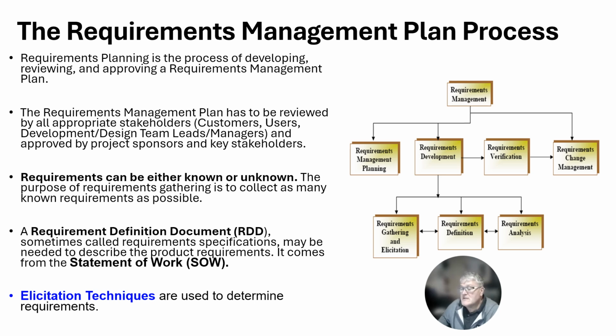You're going to be considering what type of information gathering techniques you're going to use, whatever type of elicitation technique needs to be done. And then you're going to have requirements definitions that'll be involved in this document, provided you decide to use it, and then some requirements analysis.